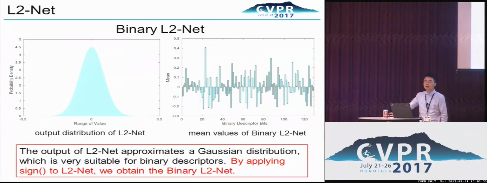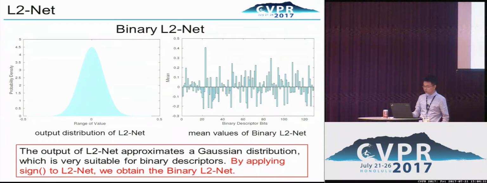As a byproduct of the L2LAT, we further obtained a binary L2LAT, which is a kind of binary descriptor. This is because we found that the output value of the L2LAT approximates a zero mean Gauss distribution as shown in the left figure here. Such a property is what a good descriptor requires.